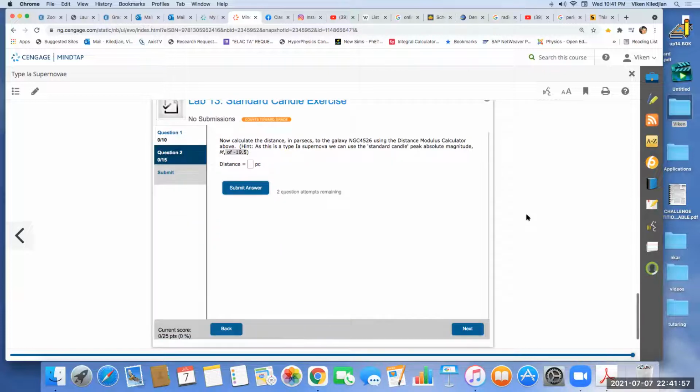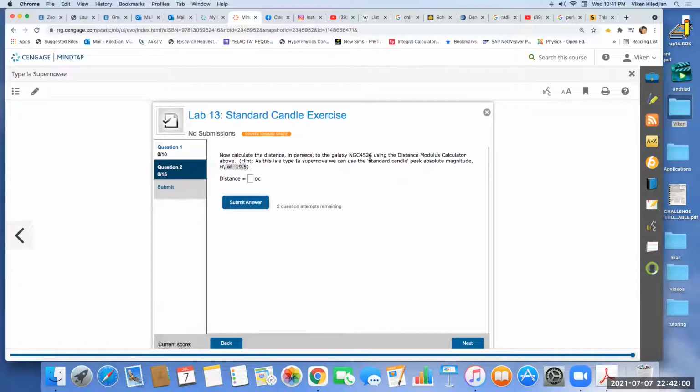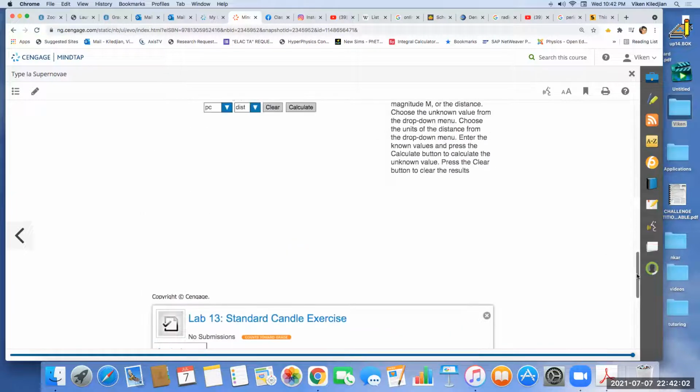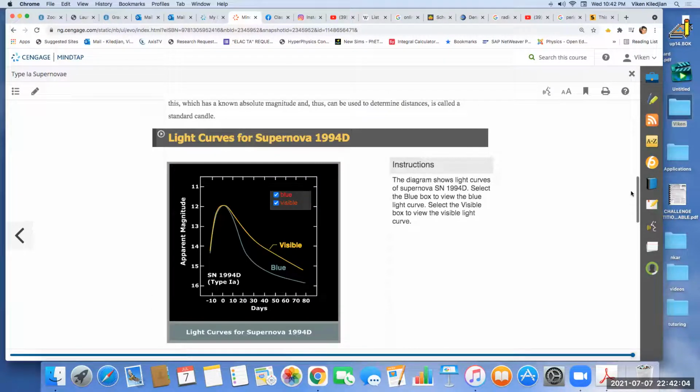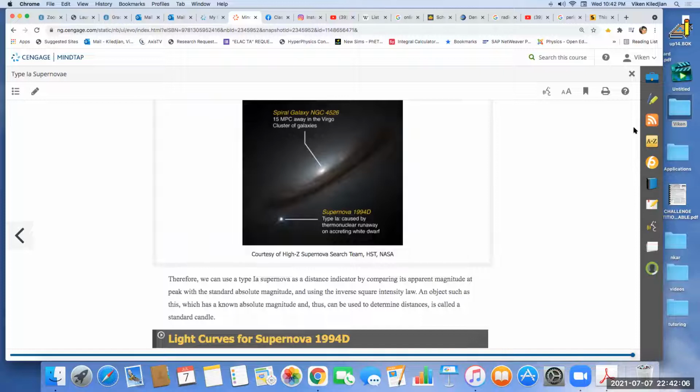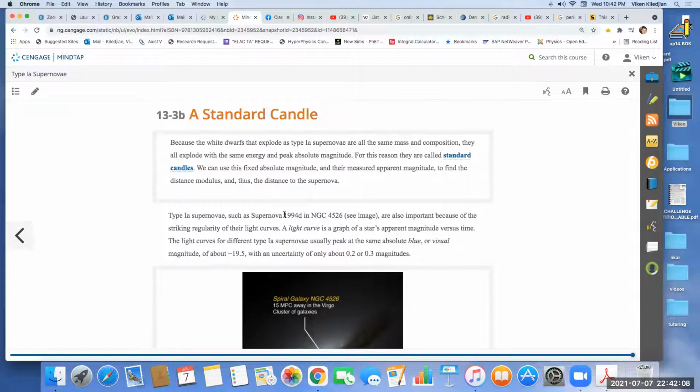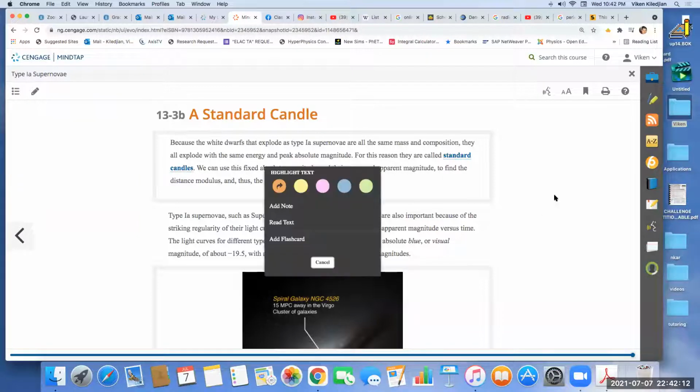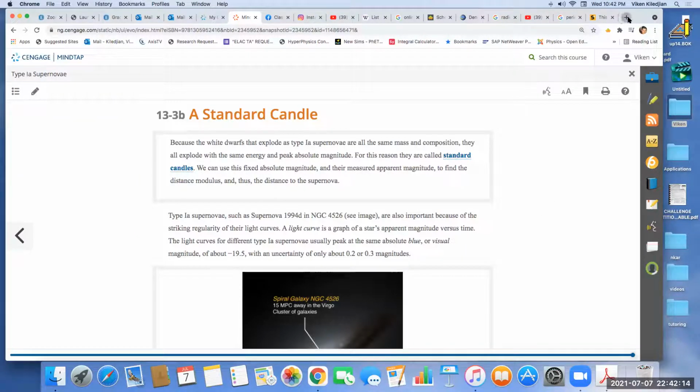And let's see what we can expect. What is the distance to that supernova? What was the name of the supernova? Supernova 1994D. So what is the distance to that supernova?